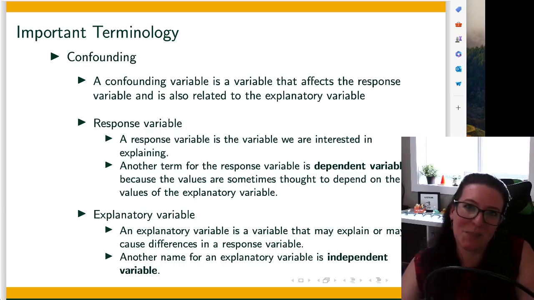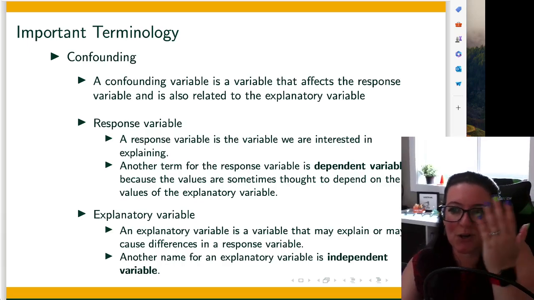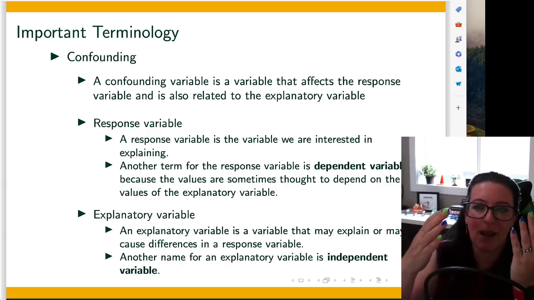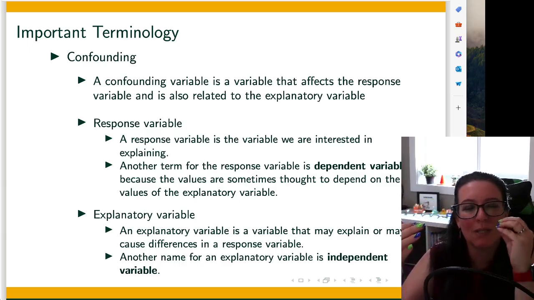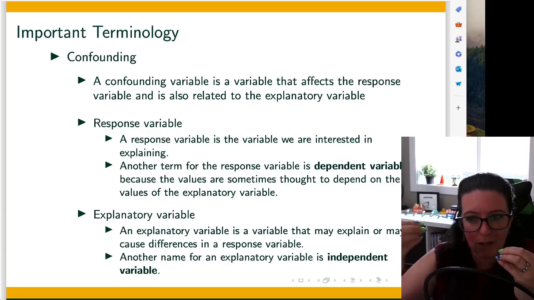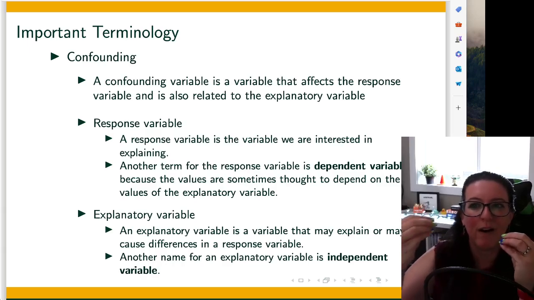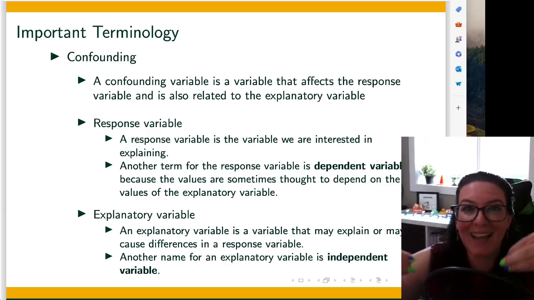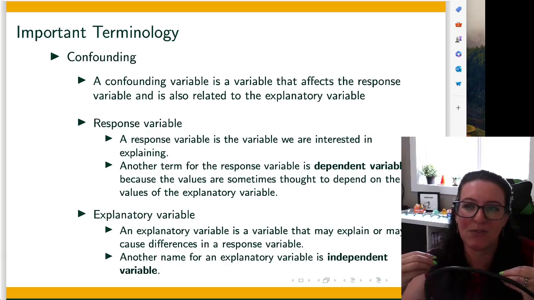So we have our independent variable that we're going to, our treatment or control, and then we want to see what happens to something else. So if we are going to do diet A, B, and C, then the response variable is going to be the weight loss. The explanatory variable is that one that we are assuming is going to explain what is happening to that response variable.